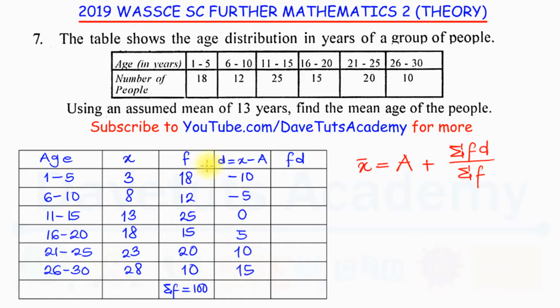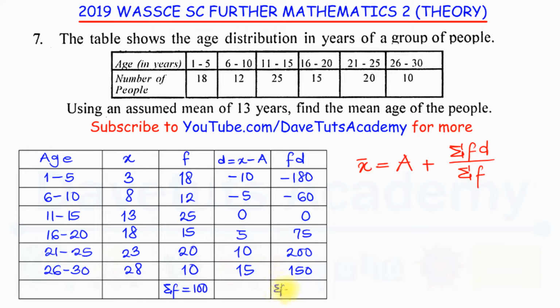Now we want to find the product of the frequency and the deviation in this column. 18 times minus 10 is minus 180. 12 times minus 5 is minus 60. 25 times 0 is 0. 15 times 5, that is 75. 20 times 10, that is 200. And 10 times 15, that is 150. So we can also find the summation FD.